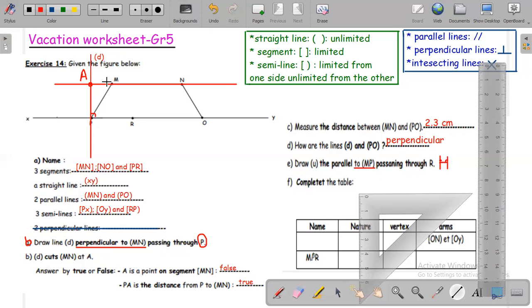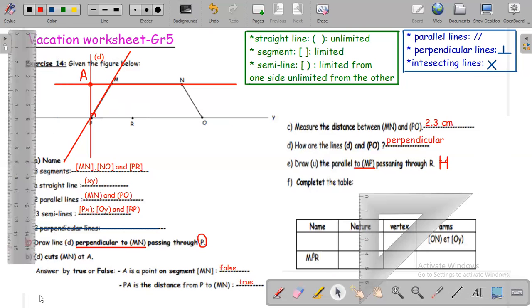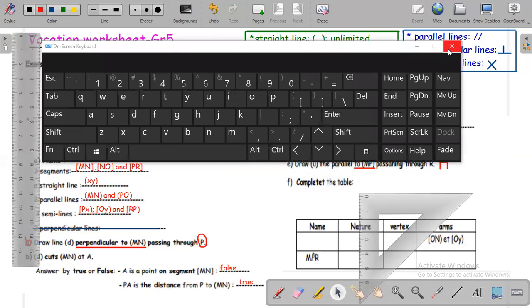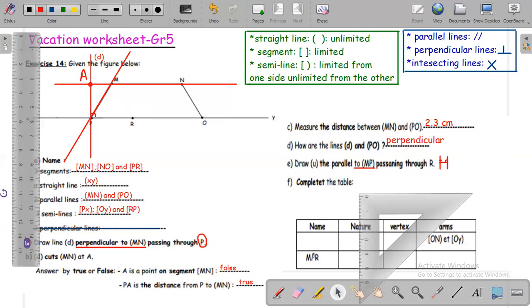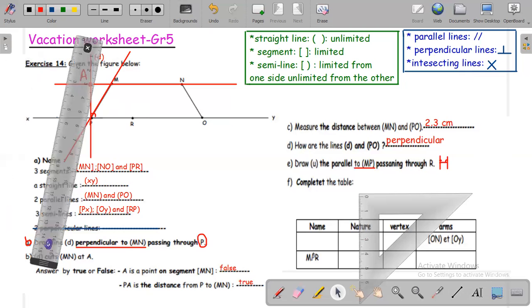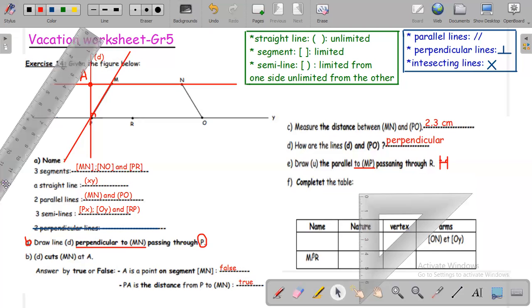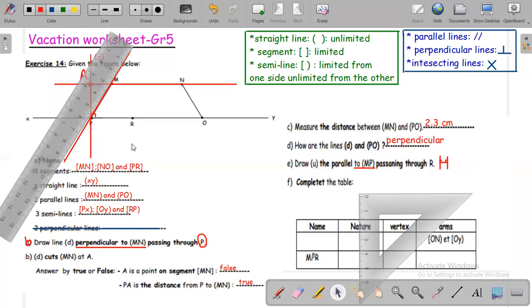So let's elongate it first. Let's elongate MP. And then we want to draw the parallel to MP passing through R. So we want a perpendicular to MP passing through R. So now we take the ruler and we put the ruler on MP, from this side because R is from this side.